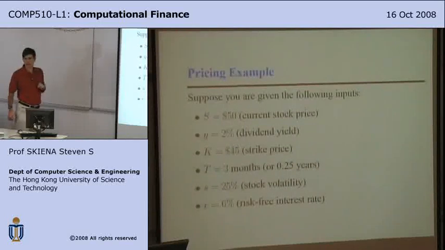Those are easily looked up. Right now these are just parameters. If you want to price a call or put, you have to plug it into the right equation. But both of them are still functions of the same underlying values. Any questions? There's a dividend rate. You'd have to look that up for your stock.